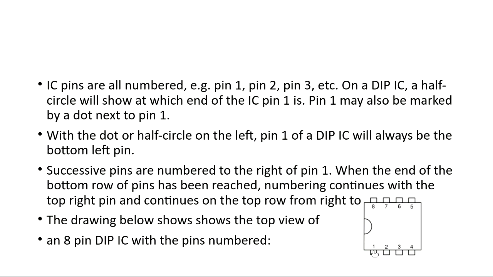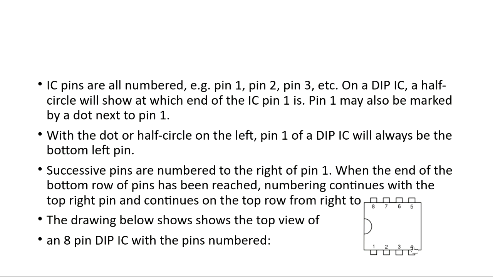So remember, I will repeat this notch. Sometimes on some ICs there is a notch or a half circle here. Sometimes there is a dot here, a round dot you will see. So if you put that dot or this notch on your left side, then the bottom left pin will be number 1, and sequentially it will go on 2, 3, 4.